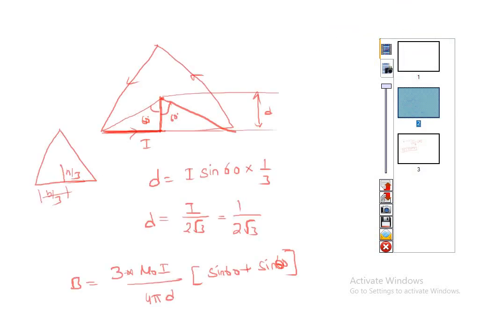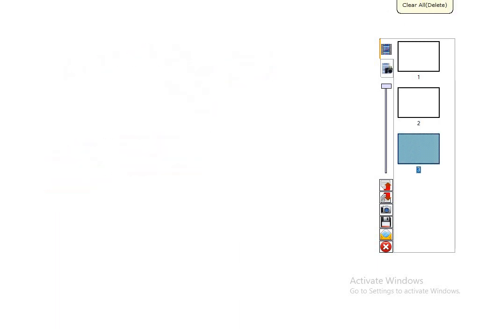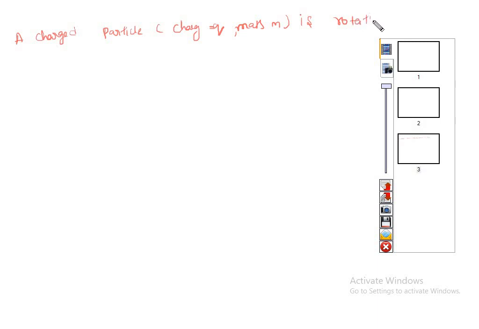So let's get started with another question. The next question is: a charged particle of charge q and mass m is rotating in a circle of radius r with uniform speed v.